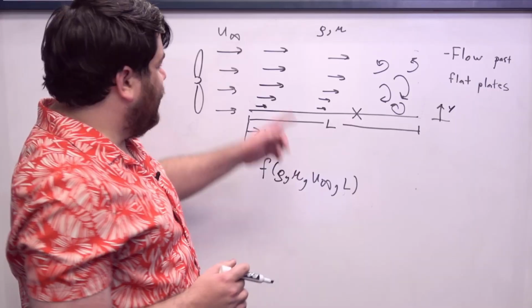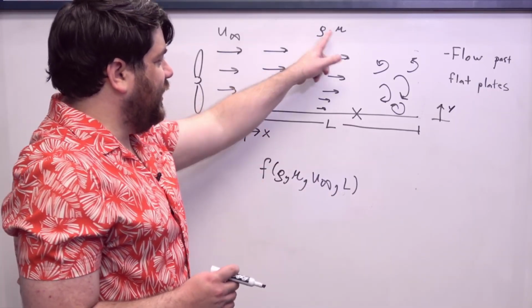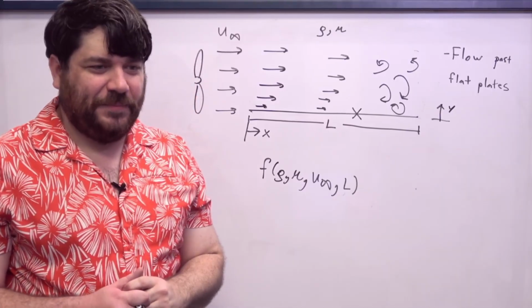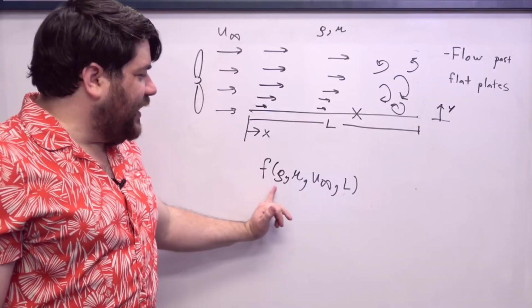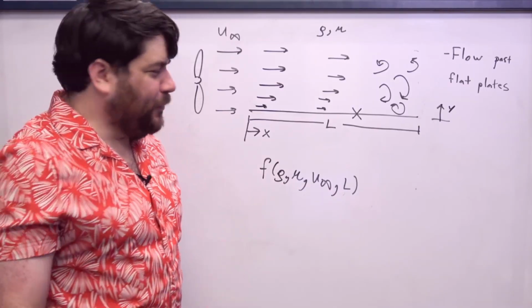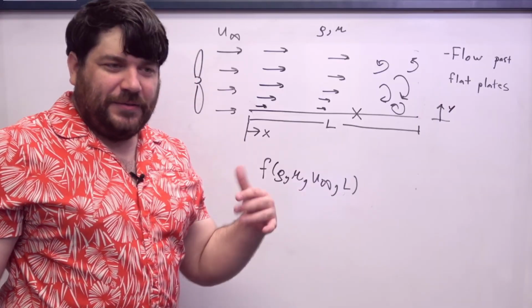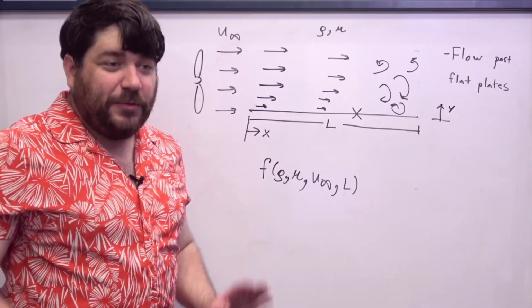Those parameters are the length of the plate, the background speed, and the mass density and the dynamic viscosity. And so if I wanted to create an experiment that told me what this was, I'd have to control for 4 separate parameters to be able to actually pinpoint whether or not the turbulence occurs. Okay, which is the goal.